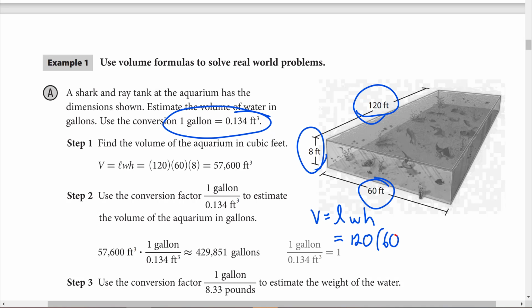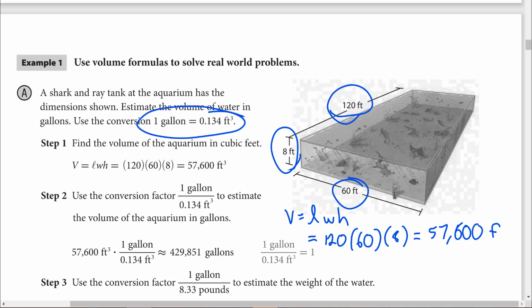My width is 60, and my height is 8. But you could rearrange those in any order and still get the same answer because you can multiply in any order. 2 times 3 is the same as 3 times 2. All right, so multiply all those together in your calculator, and you get 57,600 cubic feet.